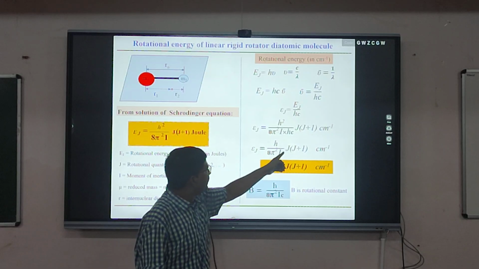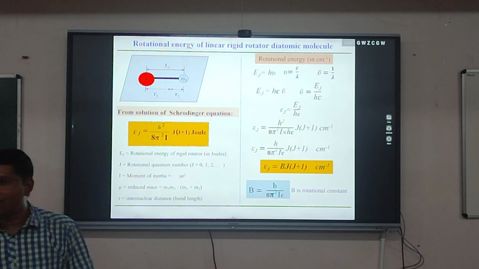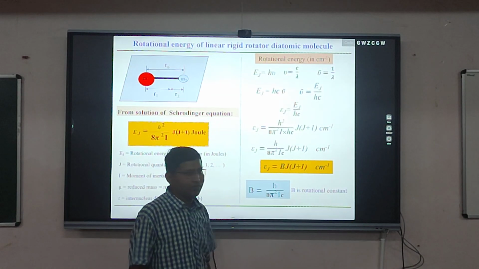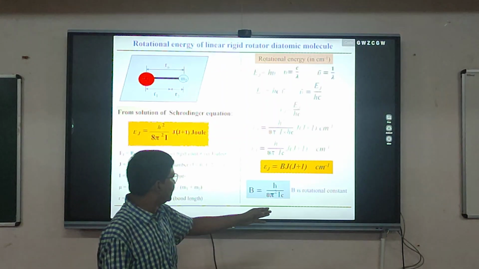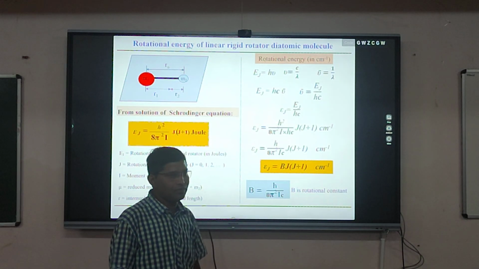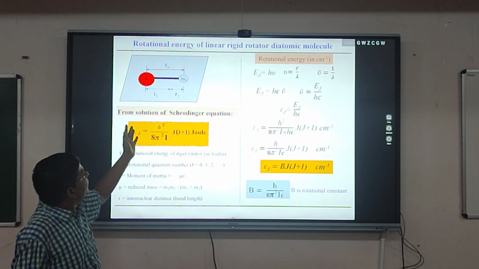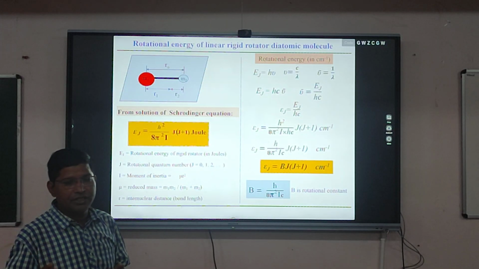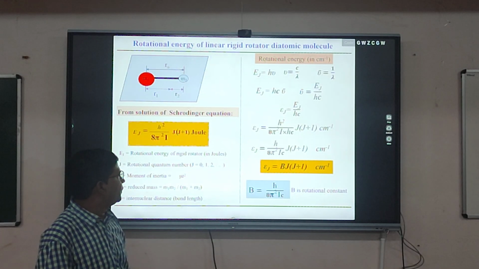Then we take the first part as a constant and consider it as the rotational constant B. So finally we have epsilon j equals B J into J plus 1, per centimeter, where B is the rotational constant. Here we have derived the energy of a linear rigid rotor molecule in joules and in wave number.